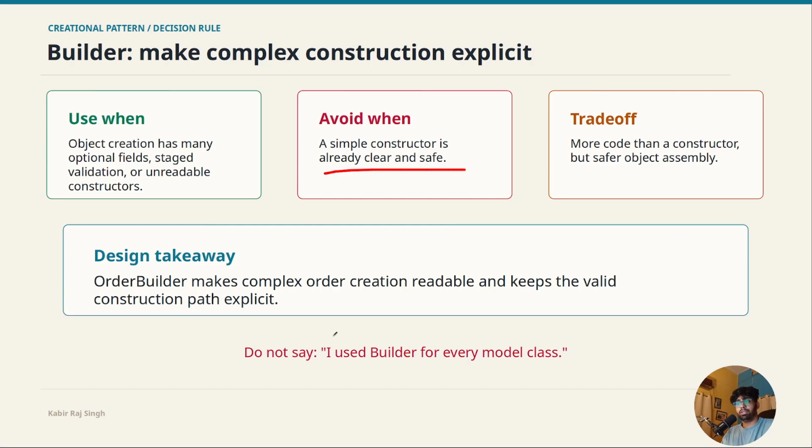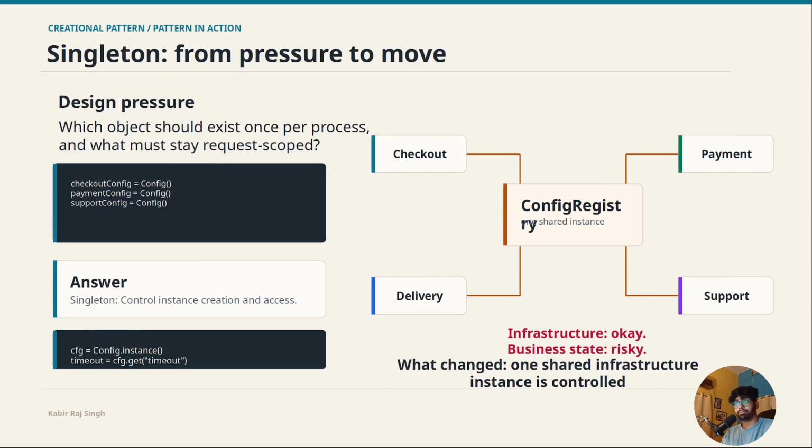So you should never just use a builder for every model class you find or just keep on appending things to it. You would only use it in the situations where you have to construct the class step by step and also validate it before each build, and then return a final object which is already safe for other objects to consume. Moving ahead, we have the singleton pattern.